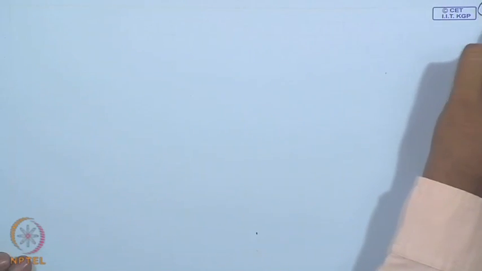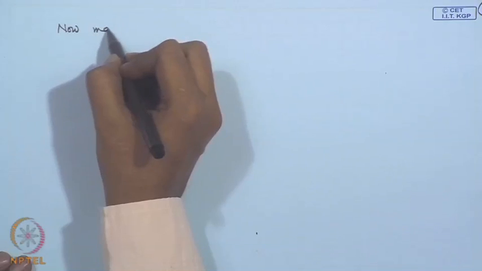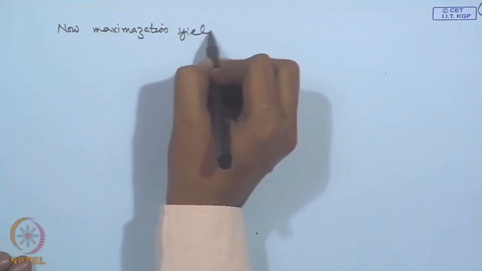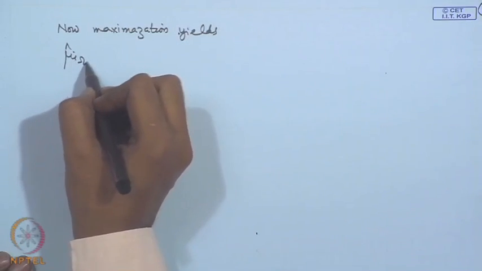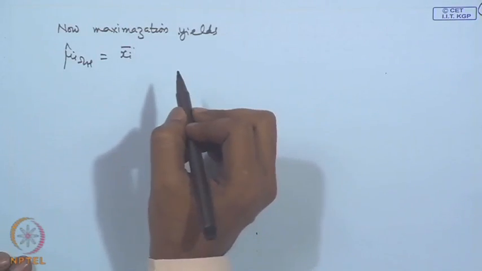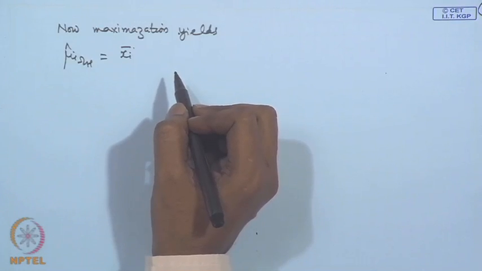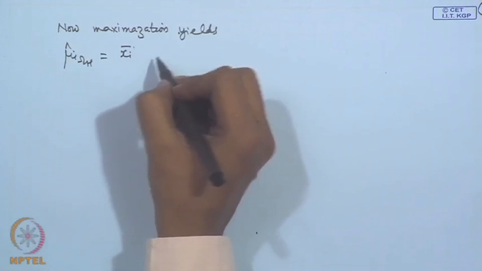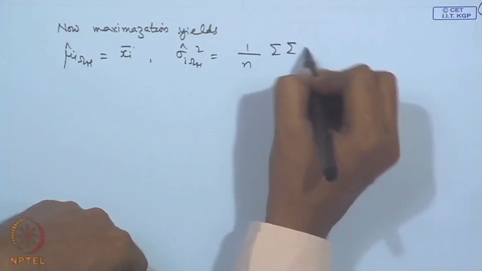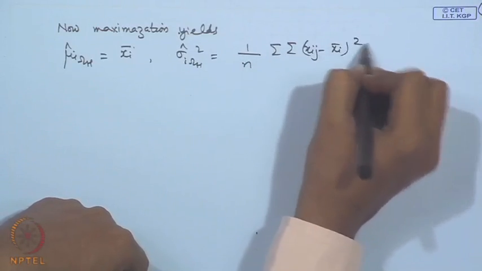So, now if we consider the maximization, it yields mu i omega h hat as before, that is x i bar, but the value of sigma omega h hat square becomes 1 by n double summation x i j minus x i bar square.